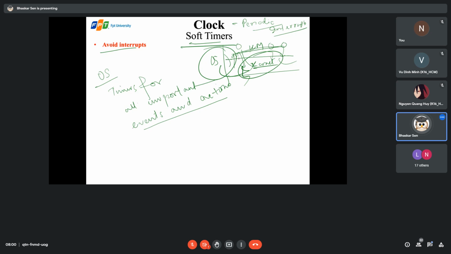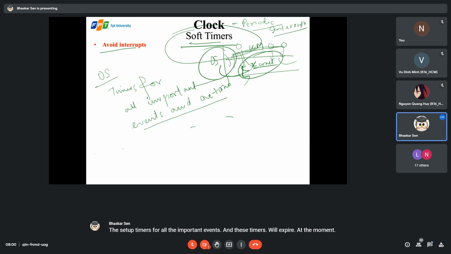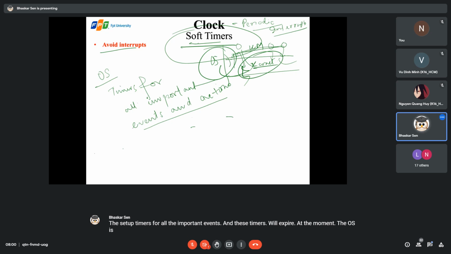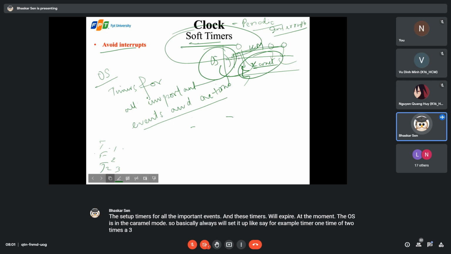And these timers will expire at the moment the OS is in the kernel mode. So basically, OS will set it up, like say, for example, timer 1, timer 2, timer 3, and timer 4. It doesn't have to come back to the kernel mode all the time to keep checking these timers.